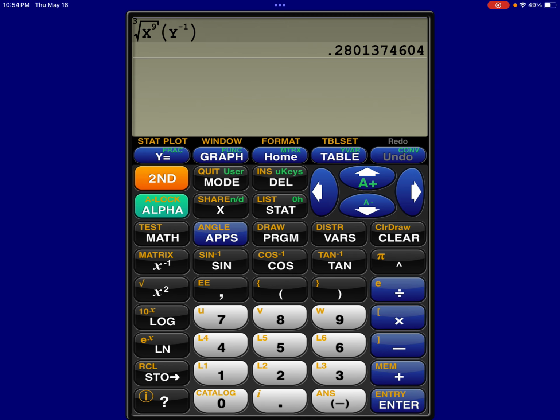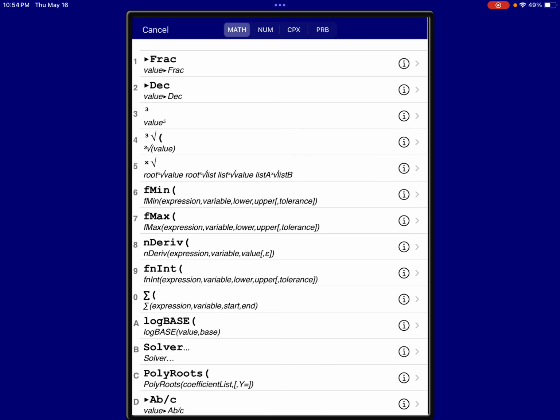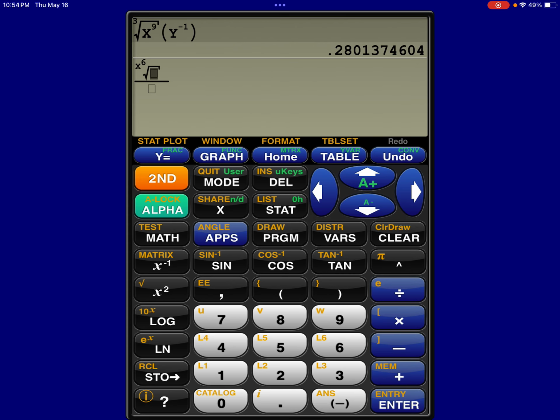So let's go ahead. I got a lot going on with that last one, but I'm going to substitute it in exactly the way that I see it. So x to the 6. Now I do have a root here, and some of my students tell me that if you try the option with the x, it automatically inputs what you had as the root.